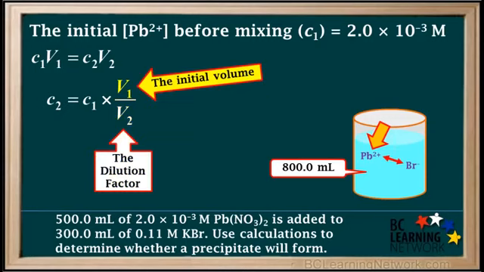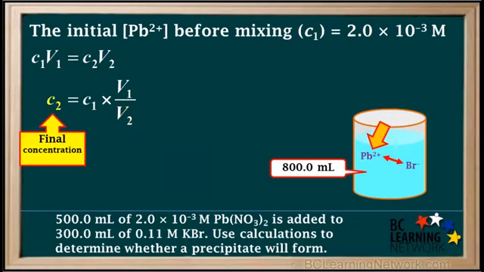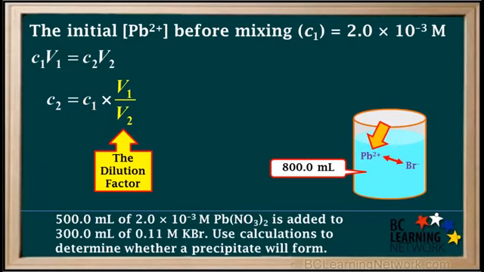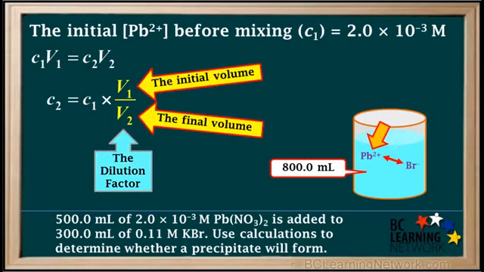The dilution factor is always the initial volume, V1, over the final or total volume, V2. So to find the final concentration, C2, of an ion after mixing two solutions, we take the initial concentration, C1, and multiply it by the dilution factor, V1 over V2, or the initial volume over the final or total volume.